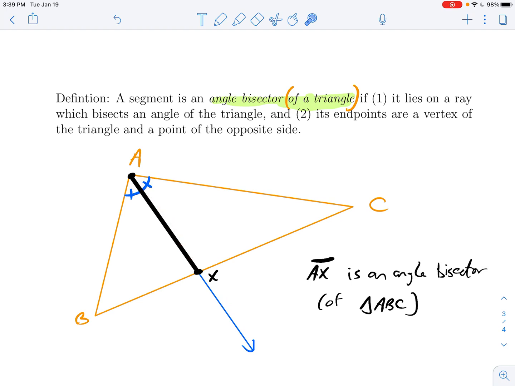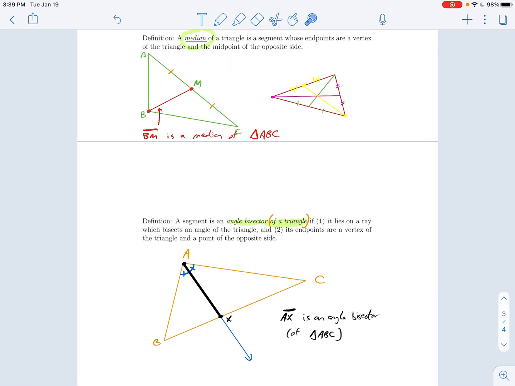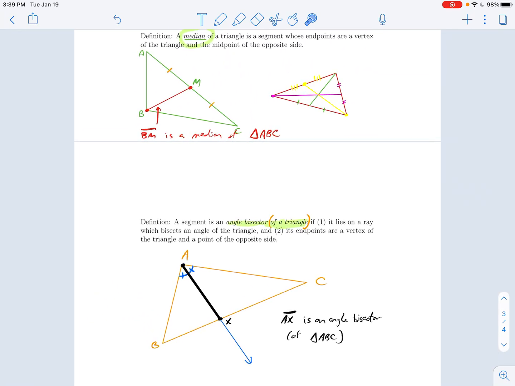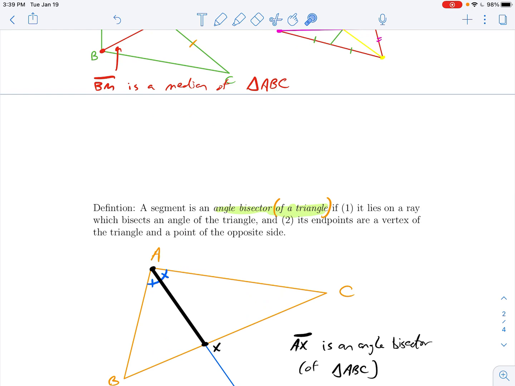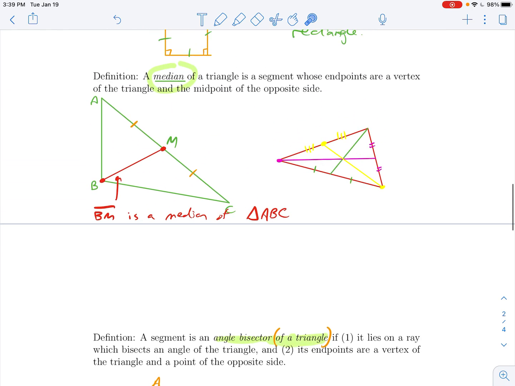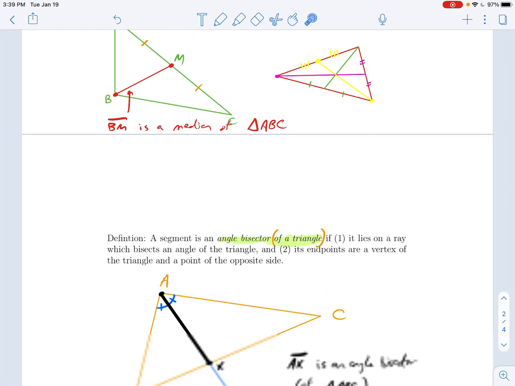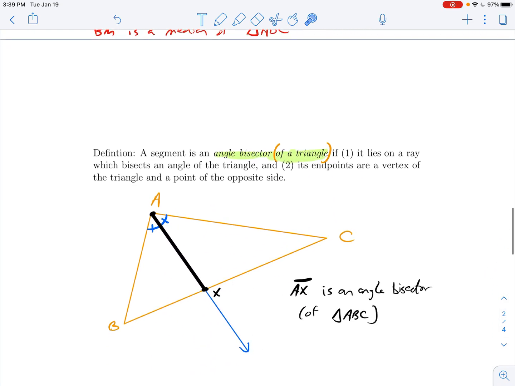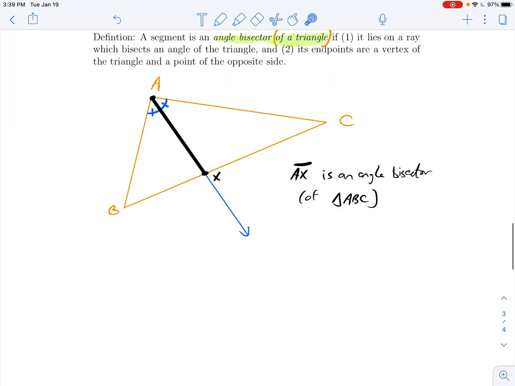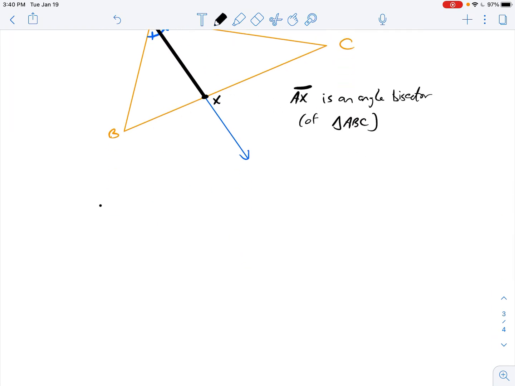And I do want to warn you, angle bisectors and medians, do not get them confused. Both of them do some sort of bisection. In a median, we have this segment that's bisecting this side. Segment AC is getting bisected because M is the midpoint. Over here, we're bisecting the angle. And let me just give you a warning.